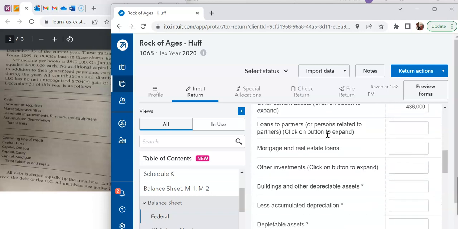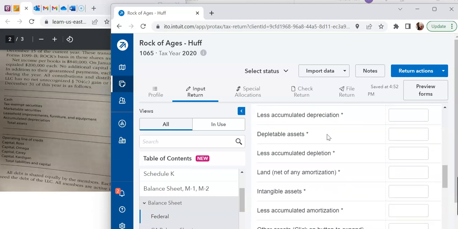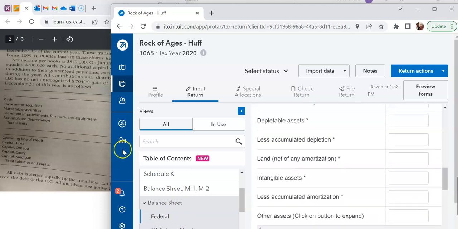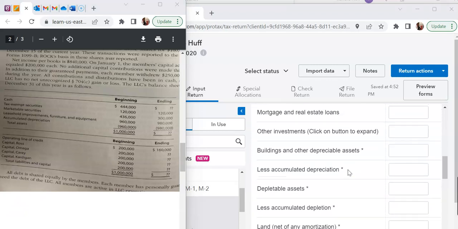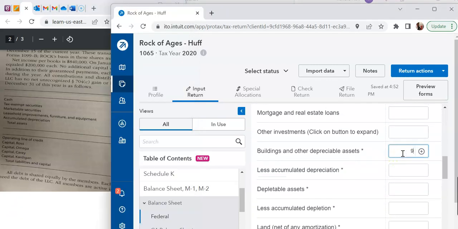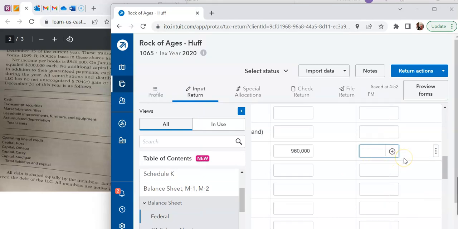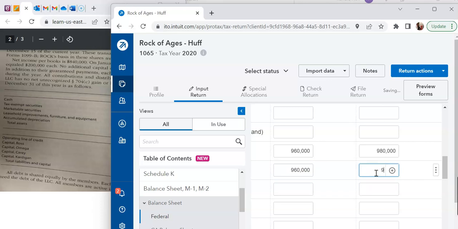Leasehold improvements. All right, leasehold. Where's my buildings? 960, 980, 960, 980.